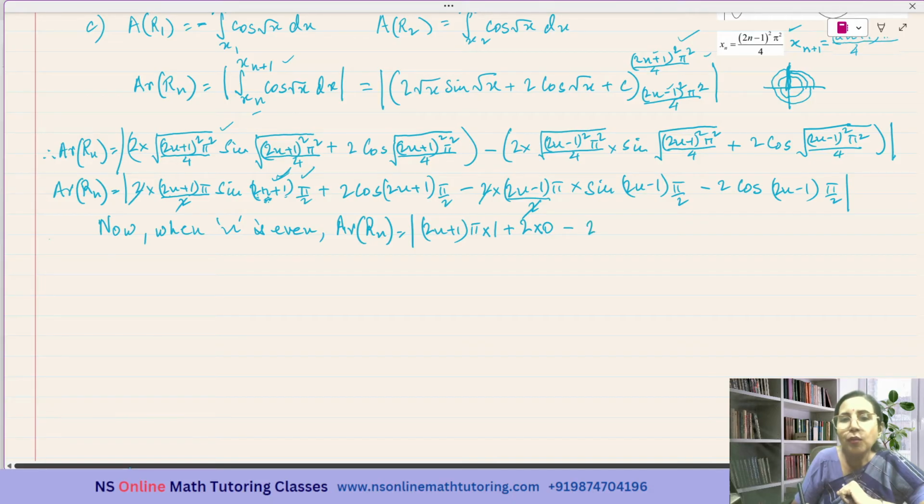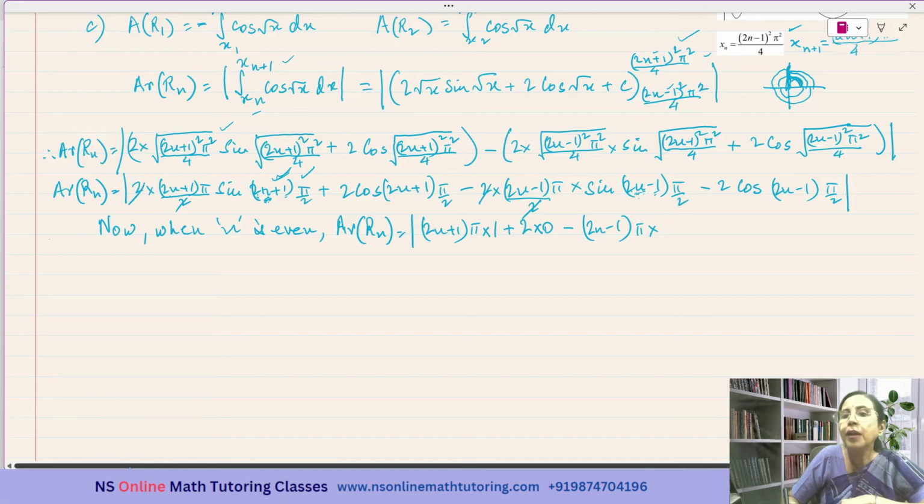So it is (2n minus 1) pi times. Now n is an even number. Let me take n equal to 2 first of all. 2 times 2 is 4. 4 minus 1 is 3. And sine 3 pi over 2 is negative 1. Similarly, if I take n as 4, 2 times 4 is 8, minus 1 is 7. 7 pi over 2, it was this way.